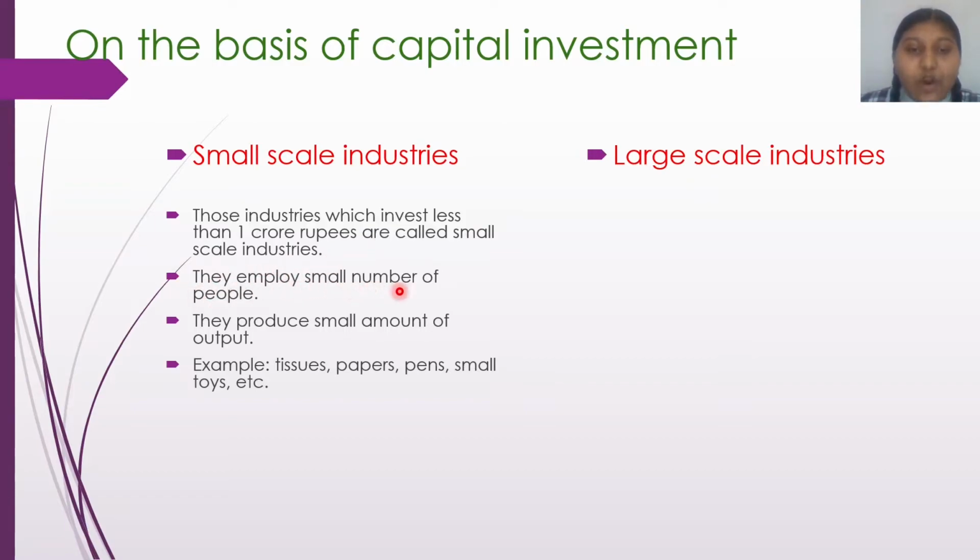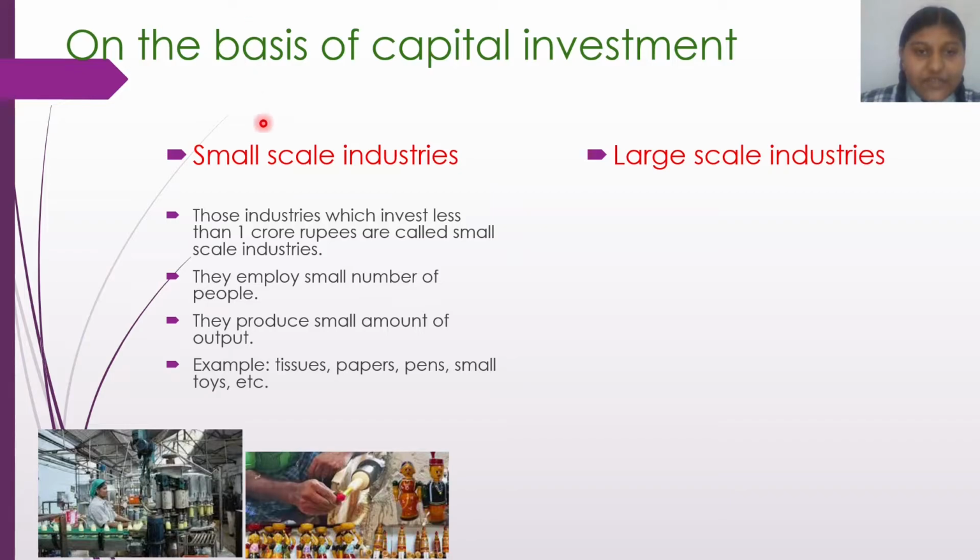They employ a small number of people and produce a small amount of output, example tissue papers, pens, small toys and etc. come under the small scale industries.